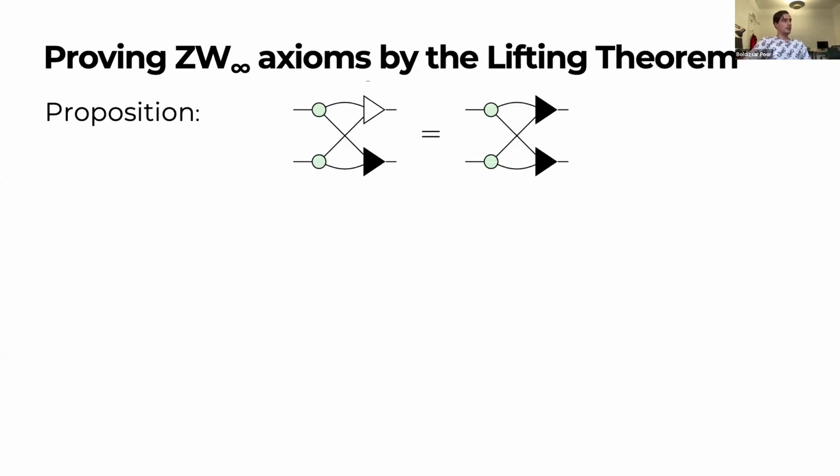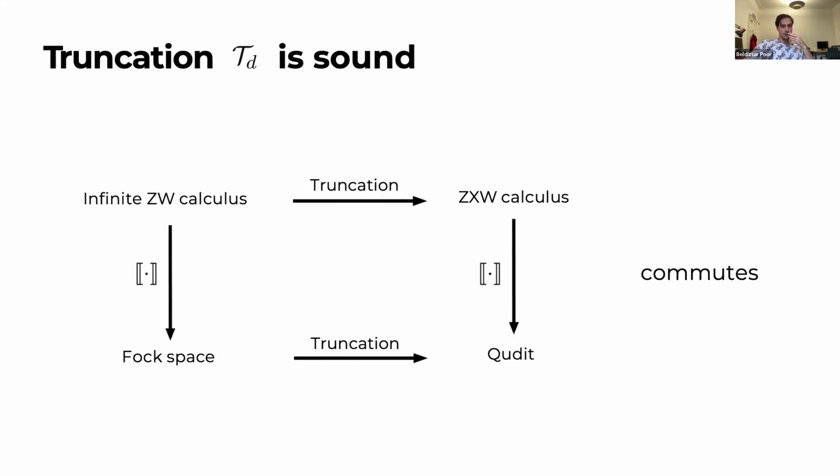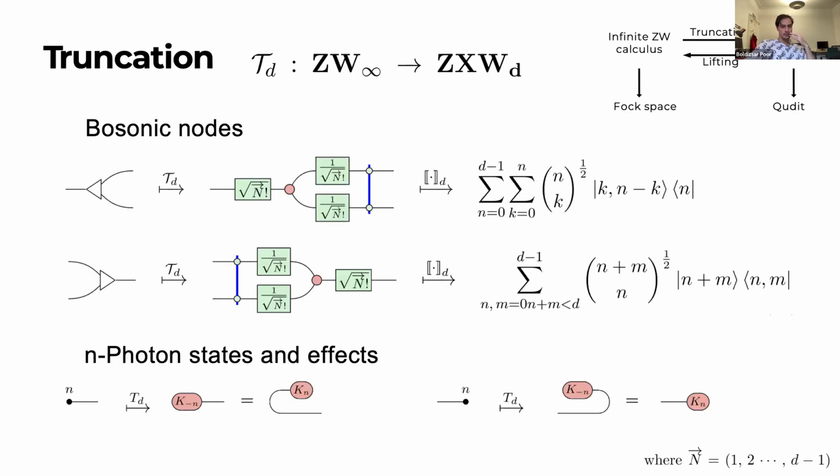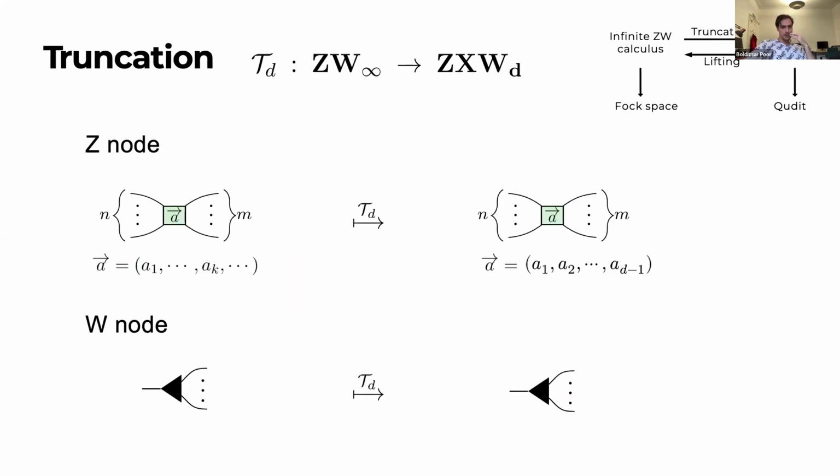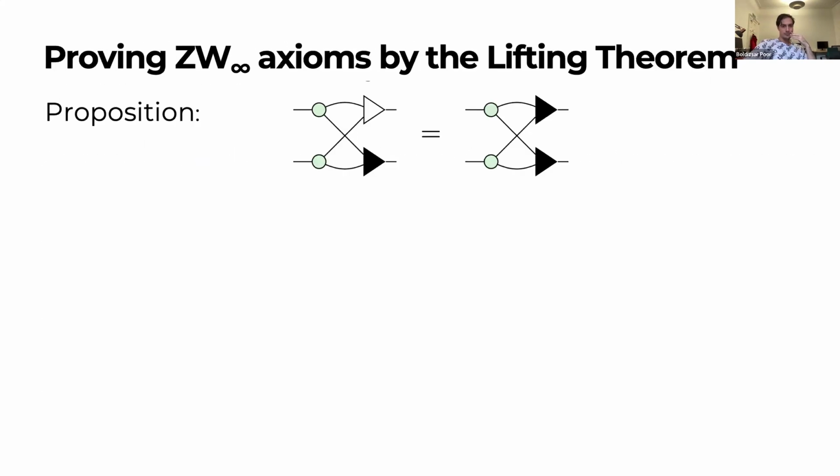And then, what can we do? So now we have the lifting theorem, right? Which means that we can reason about the ZW infinite calculus within the ZXWD calculus.